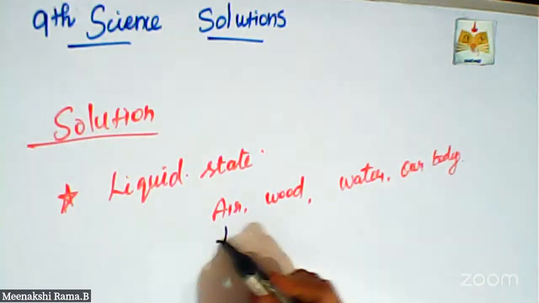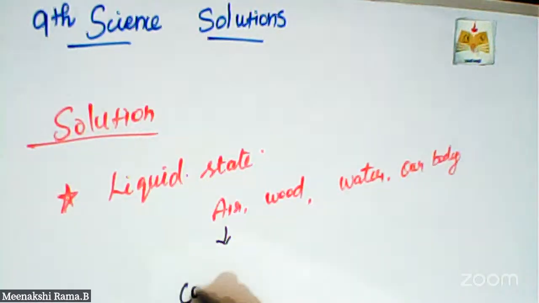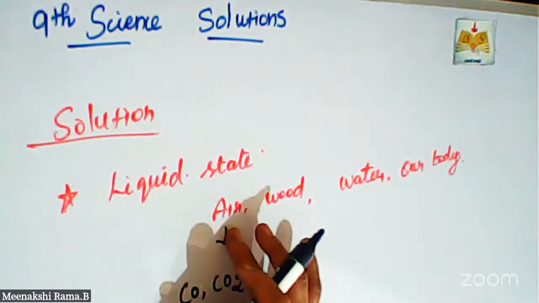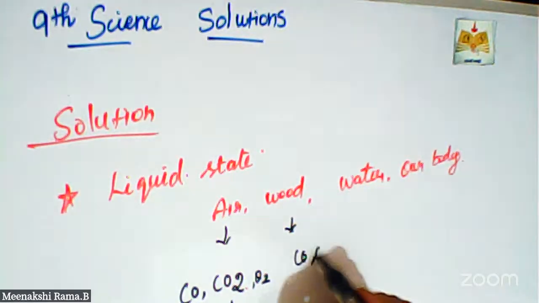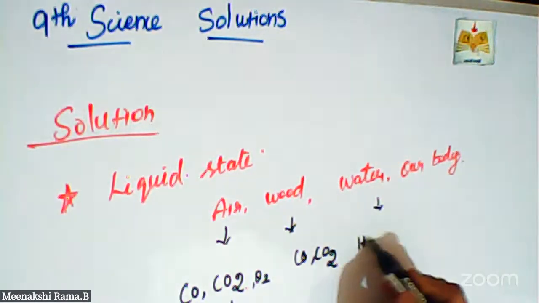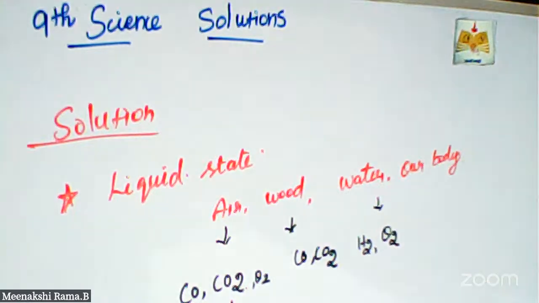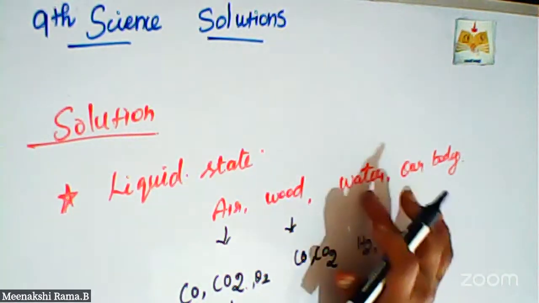Air contains different kinds of gases like carbon monoxide, carbon dioxide, oxygen and nitrogen. Wooden material contains different kinds of materials. Water contains hydrogen and oxygen. These two are mixed in the water molecule.